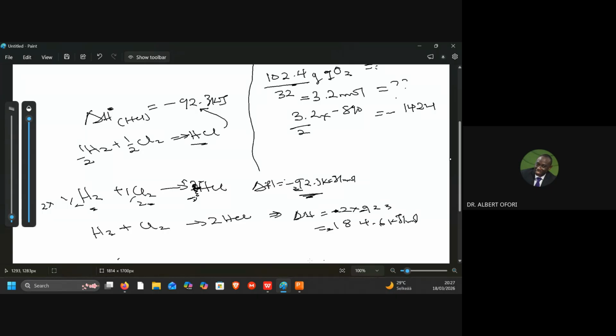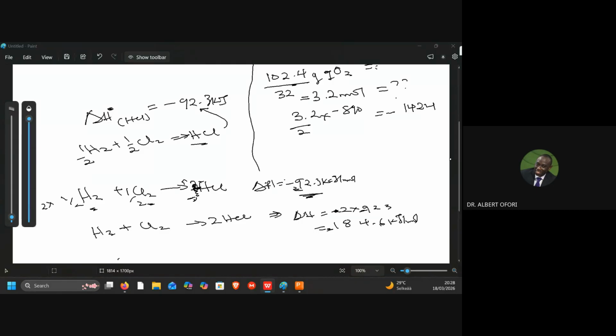So if I want 2 moles of hydrogen and chlorine, basically, by multiplying by 2, I can then get the delta H to also be multiplied by 2.